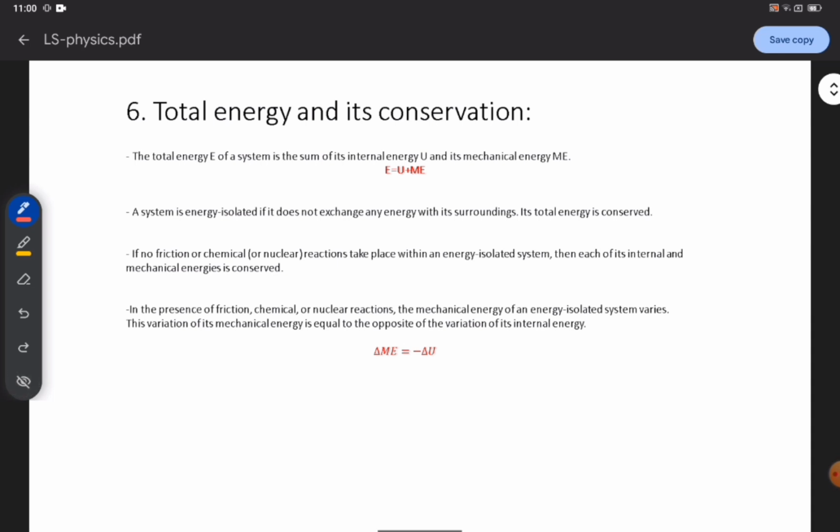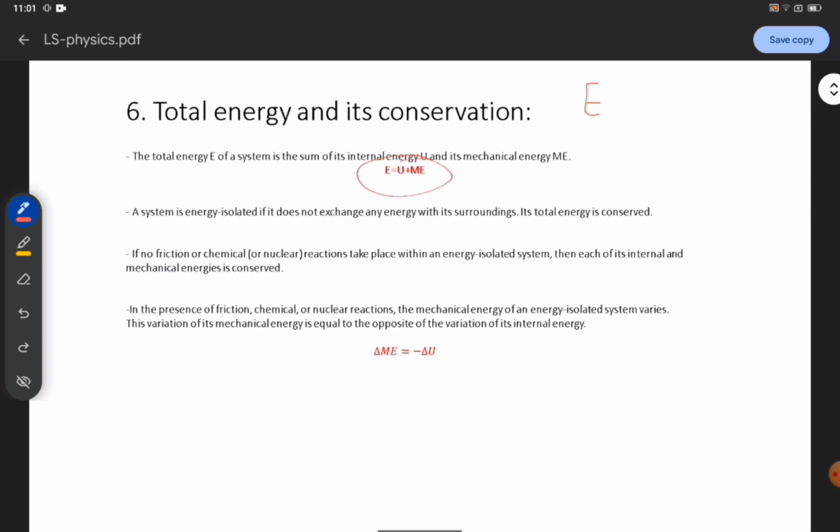Total energy and its conservation. The total energy E of a system is the sum of its internal energy U and its mechanical energy ME. So the total energy E equals U plus ME.